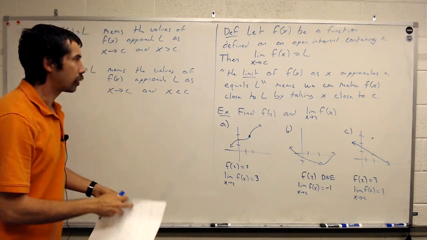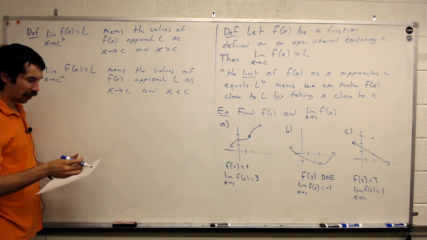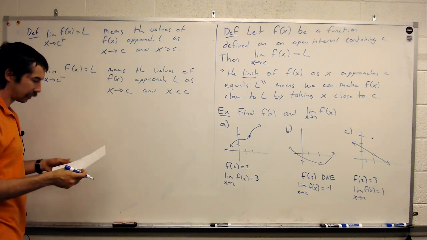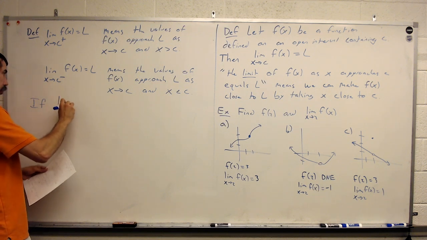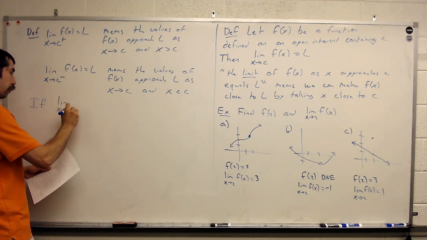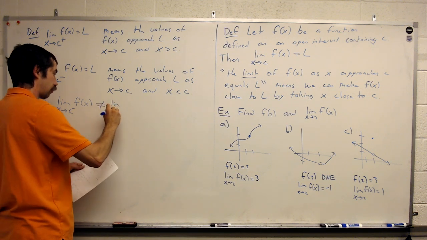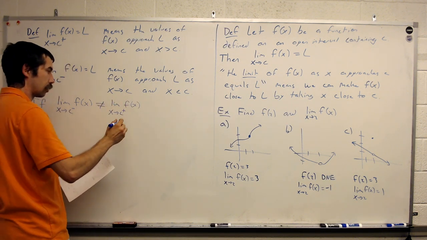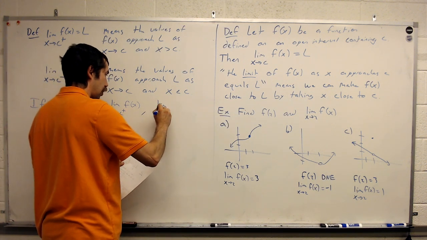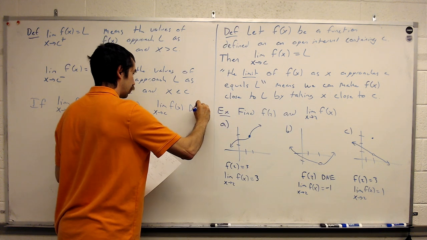Okay, and so note, if one of these doesn't exist or they're not the same value, then the limit does not exist. So if the limit as x approaches c from the left of f of x does not equal the limit as x approaches c from the right of f of x, then the limit as x approaches c of our function does not exist.